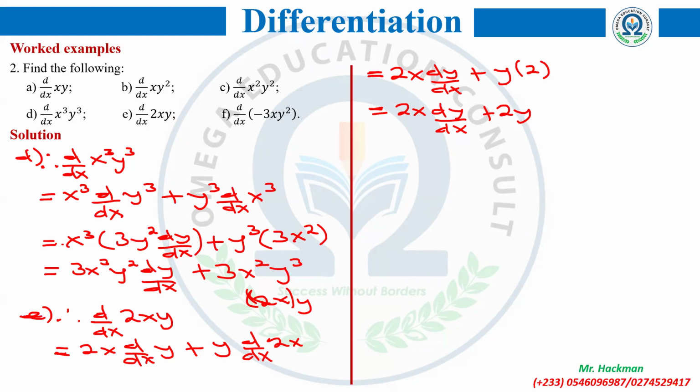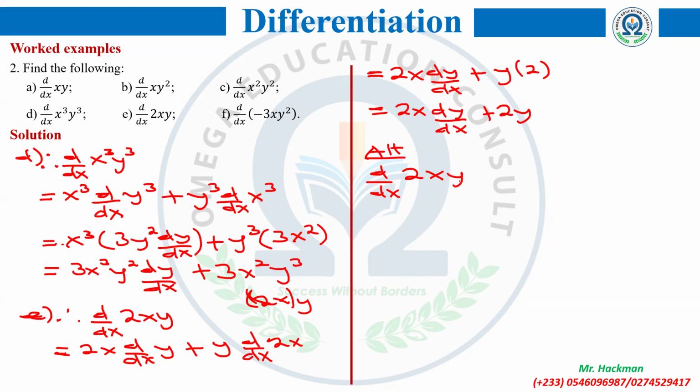Yes, please. There is an alternative way of dealing with this, and I'm going to walk you through that alternative way. So this is it. Alternative. What are we given? d dx of 2xy.